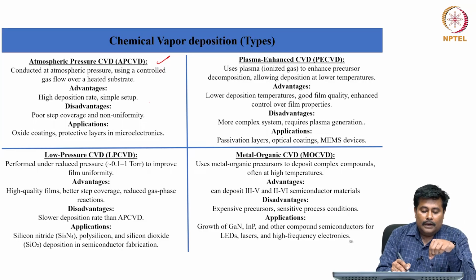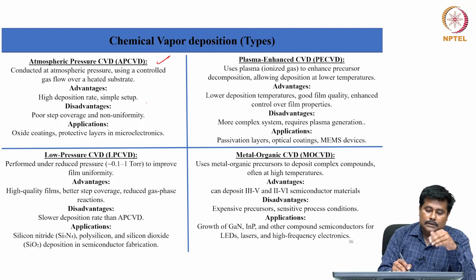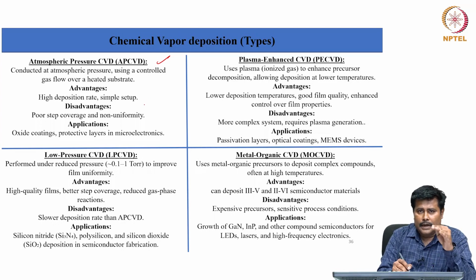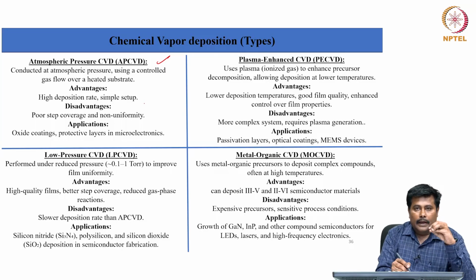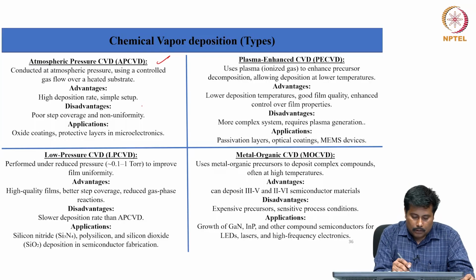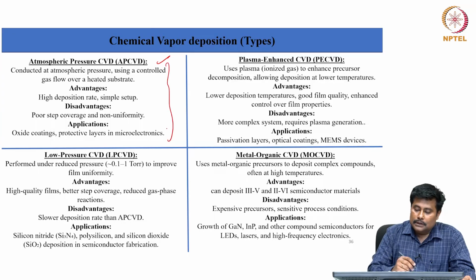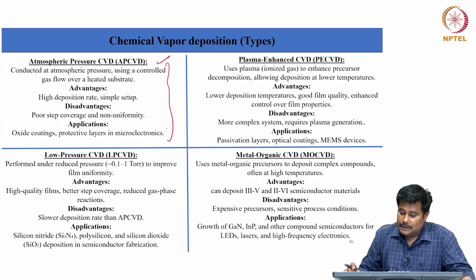The main advantage of this process is a high deposition rate, and from a methodology point of view, it is a simple one-step process. As a disadvantage, it has poor step coverage, and sometimes it may lead to non-uniformity. From an application point of view, oxide coatings or protective layers in microelectronics are well taken care of using atmospheric pressure CVD.